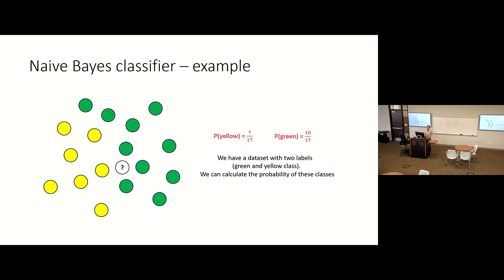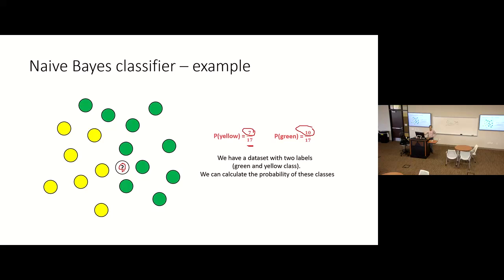This example is a small illustrative example. I want to find out whether a new data point like this belongs to yellow or green. First, in total we have 17 training data points, and 7 belong to the yellow group, while 10 belong to the green group.